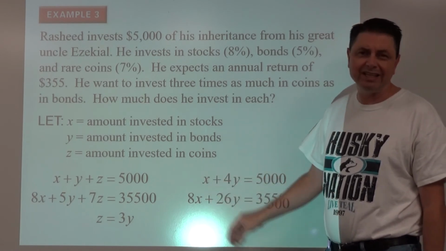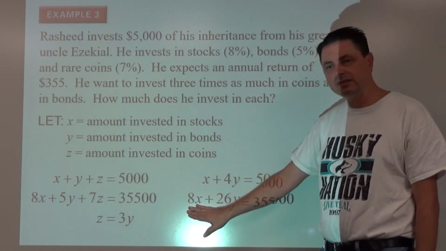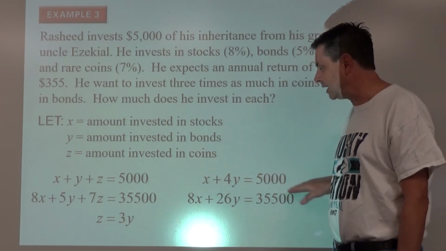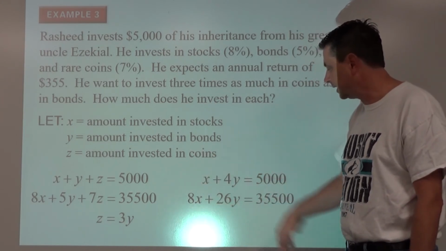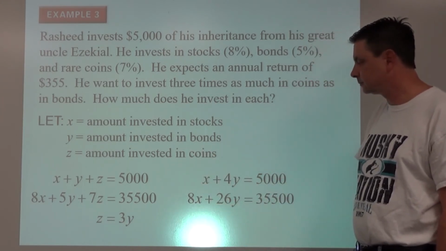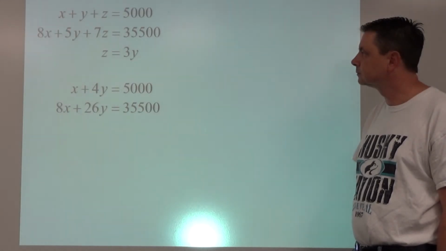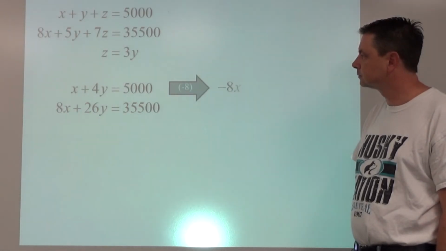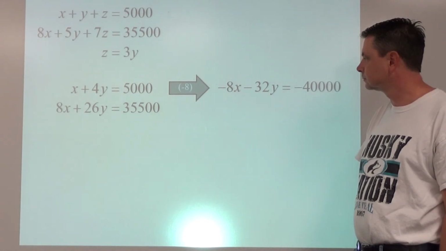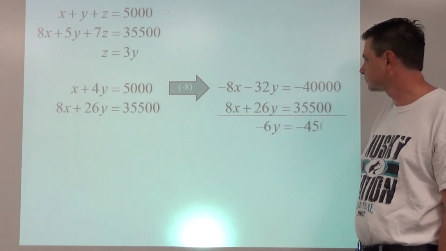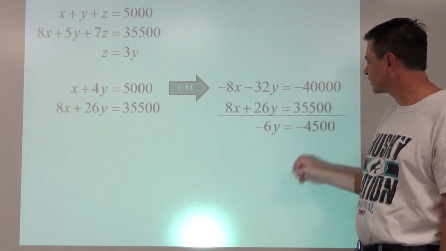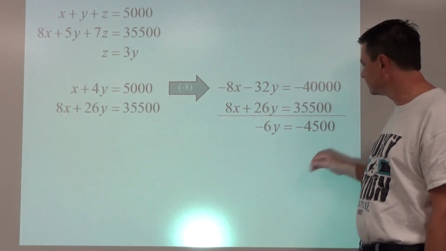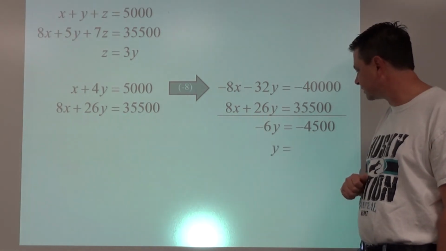Seems like it might be easiest to eliminate the x's. So if we multiply top by -8 and add them, we're going to get -6y is equal to -4,500. Divide by -6.